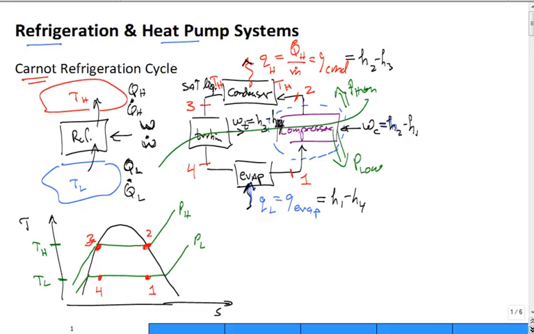And so when we sketch the cycle on a temperature entropy diagram, it just becomes a box, a rectangle. So all of the heat transfer going in at the low temperature happens at TL. That's the Q coming in the evaporator. All the heat is transferred out, Q in the condenser.